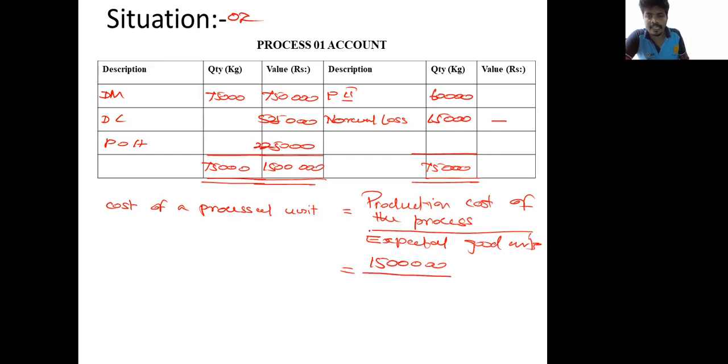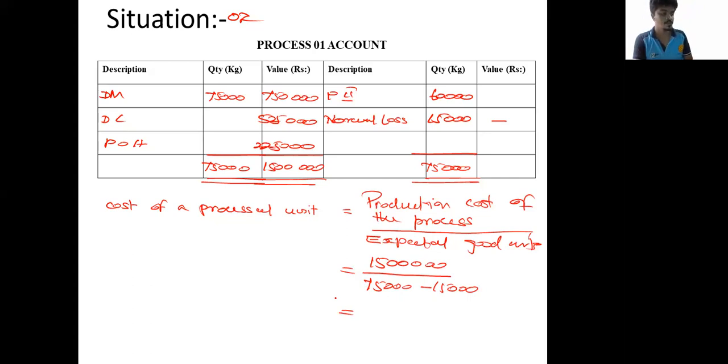Then here we can calculate expected goods. Input minus normal loss, input minus expected loss. Here input is 75,000, normal loss 15,000. Then divide 1.5 million by 60,000 kilograms.